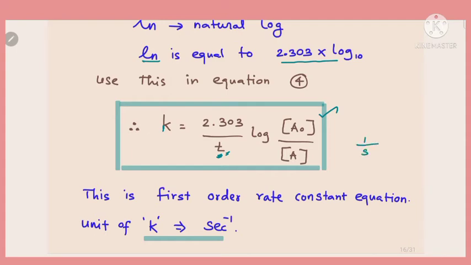Then in the numerator A0 concentration, so the concentration unit is mole per liter, divided by A in the denominator, which also has unit mole per liter. So mole per liter gets cancelled and you have 1 divided by second, which is nothing but per second. The unit of the first order rate constant is per second.